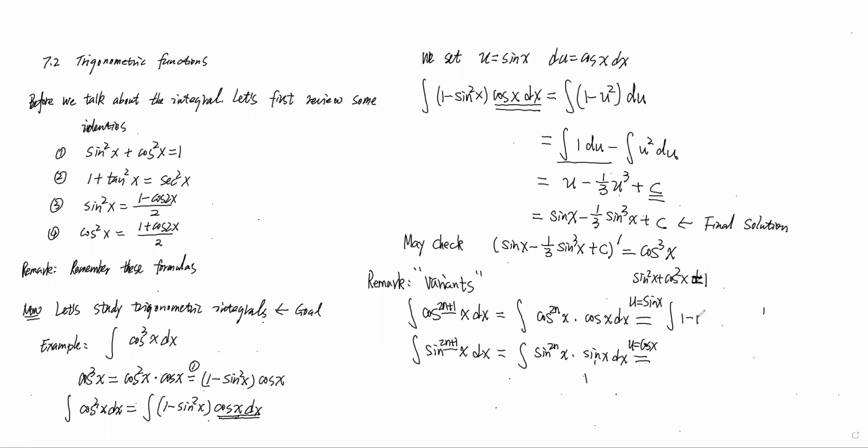And then this is u squared to the power m, and this is du. Okay, and then this is 1 minus u squared to the power m, and du, and here we have a minus. Why do we have a minus? Because du is negative sine x dx.